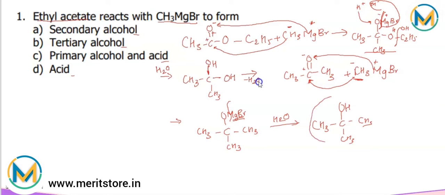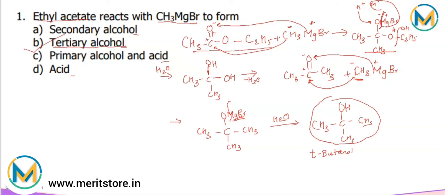If you look at the structure carefully, it's nothing but a tertiary alcohol. So ethyl acetate with excess Grignard reagent will give you a tertiary alcohol. This is tert-butanol. So the correct answer among the given options is tertiary alcohol, option B.